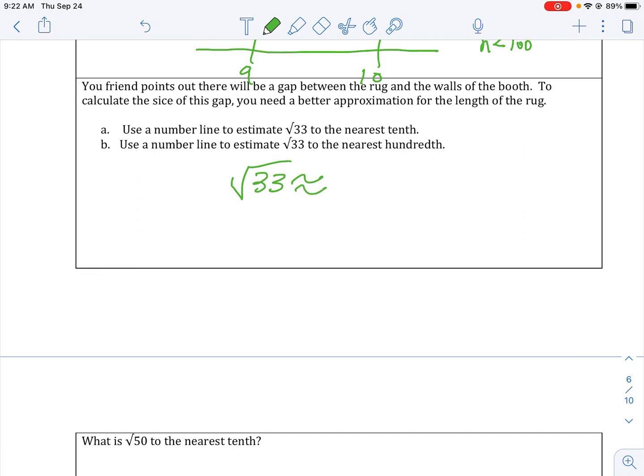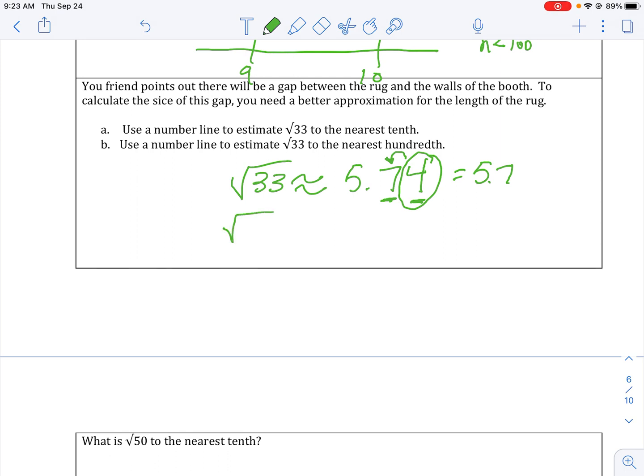Second, the x squared, 33 equals, and we get 5.74. So when I round to the nearest tenth, this is tenths, this is hundredths, you go one past where you want to round. If this number is a 4 or below, your tenth spot stays the same. So rounding it to the nearest tenth is 5.7.